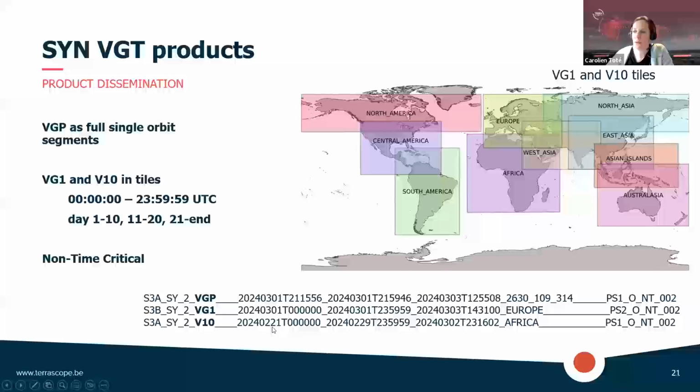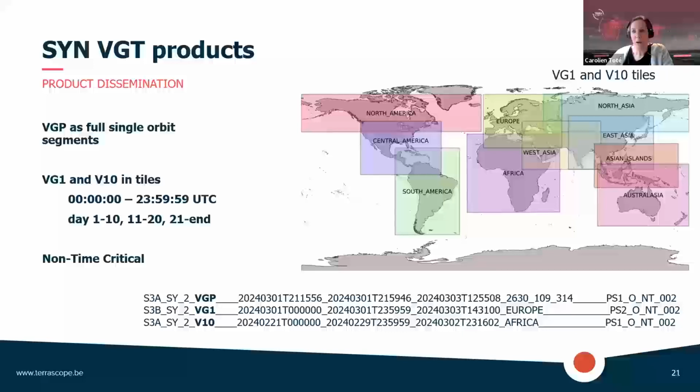You see here in this example the V10 composite from the 21st of January till the end of the month. The idea of this 10-daily composite is to provide 3 composites per month. The first one from day 1 to 10, the second one from day 11 to 20, and the third one is day 21 till the end of the month. There are three composites per month.